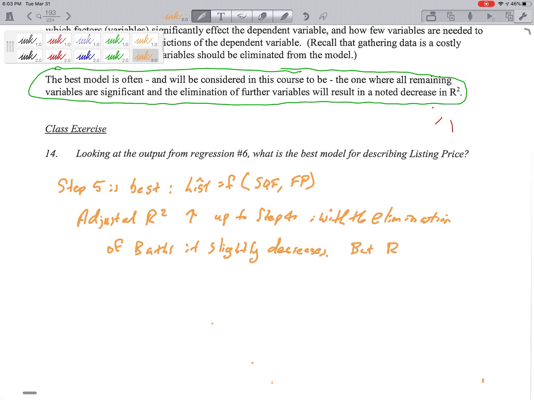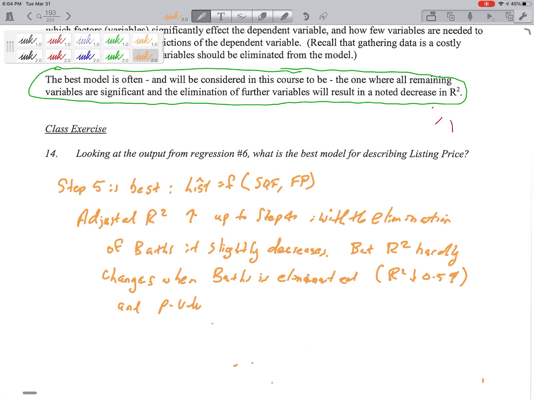But the R squared hardly changes when baths is eliminated. So what happened was R squared decreased by about 0.5%. So 0.005.